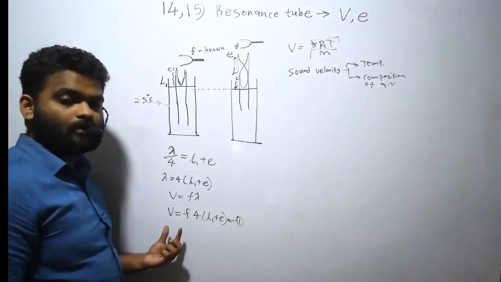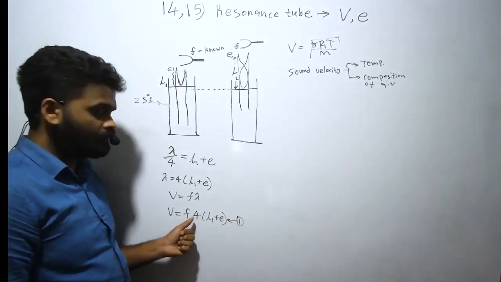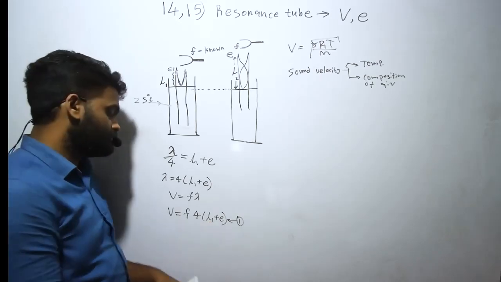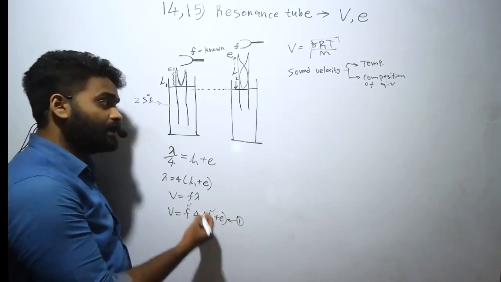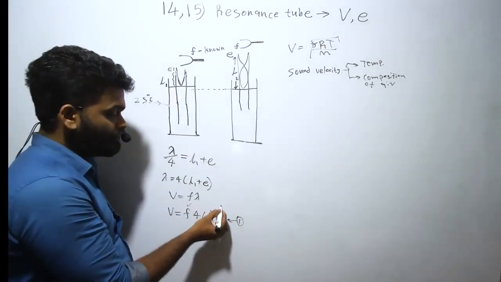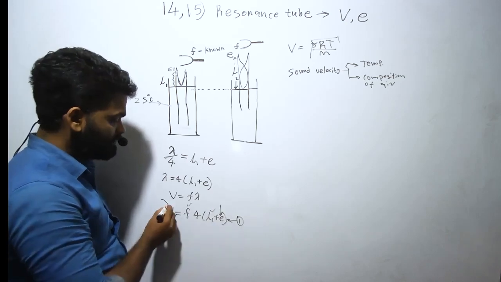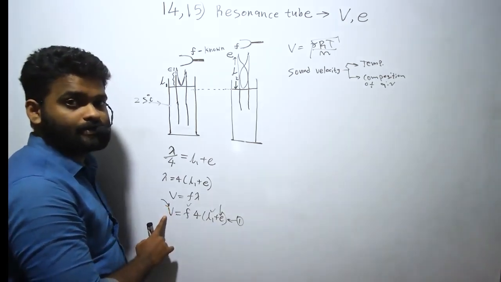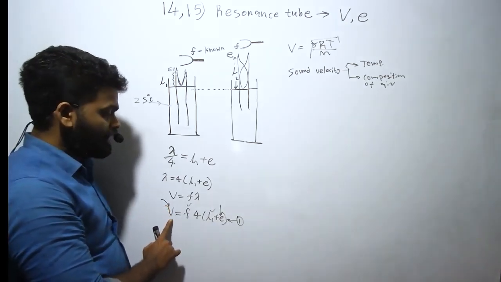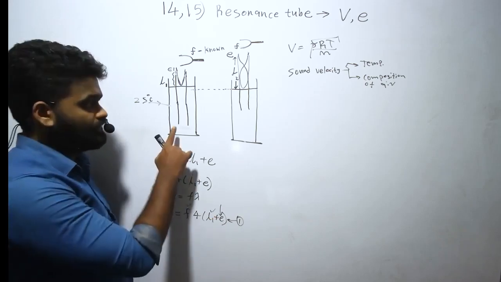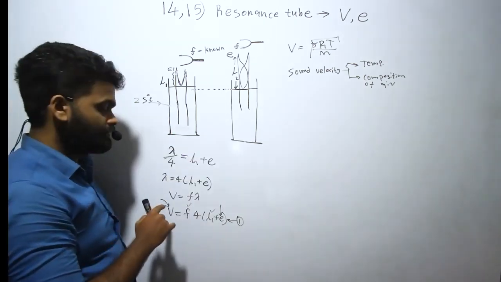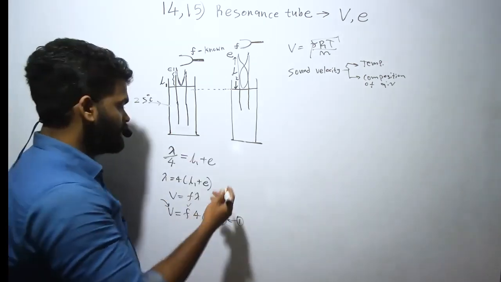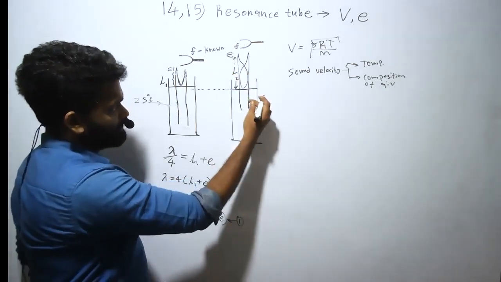So there are two unknowns. Frequency we know, and L1 you can measure. What we don't know is the end correction and the sound velocity. So we are going to need two equations. That's why we got two instances. Then I'm applying that to here.